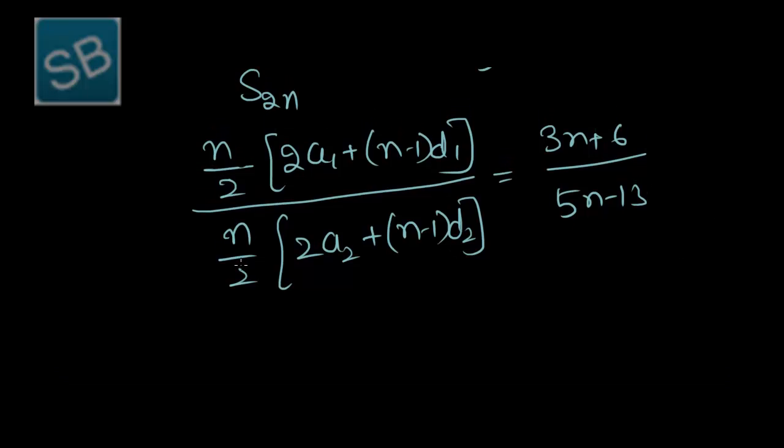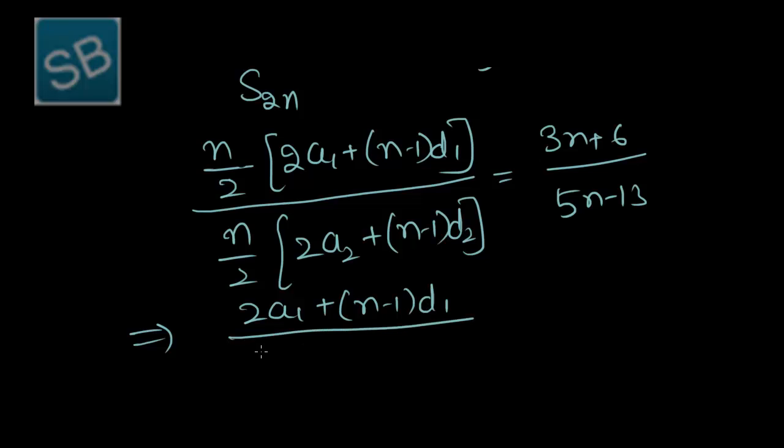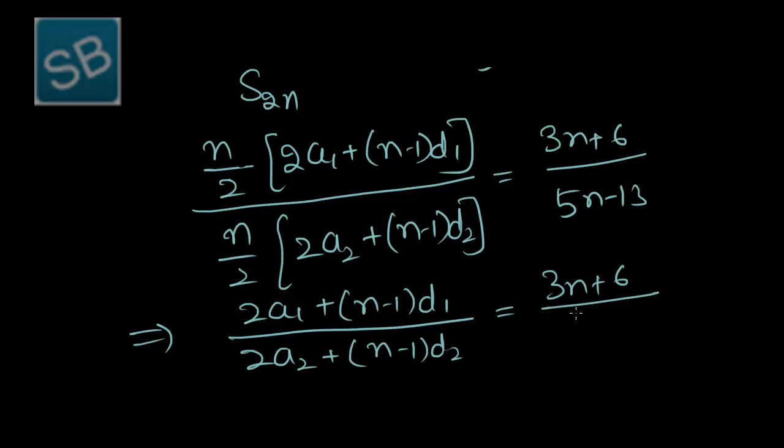That gives n by 2 is cancelled out and we get 2a1 plus n minus 1 d1 over 2a2 plus n minus 1 d2, which is equal to 3n plus 6 over 5n minus 13.